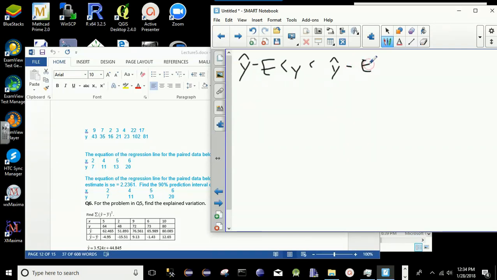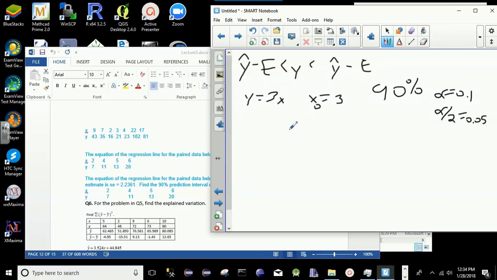So we have y equals 3x, and we want to find the range of values for the output at x equals 3. That's your x naught value, x sub 0, and our confidence level is 90%, so alpha is equal to 0.1. Alpha over 2 is 0.05. The data for this problem has 4 pairs.